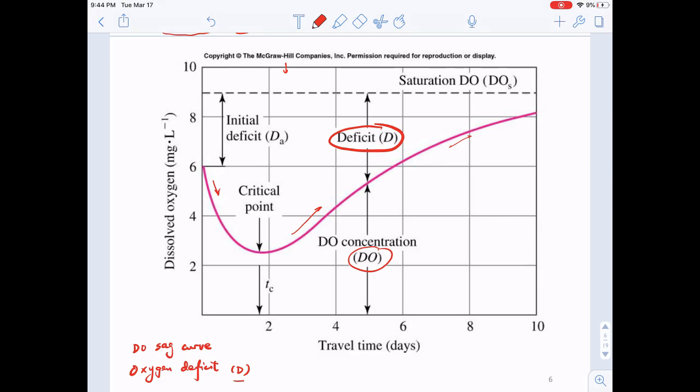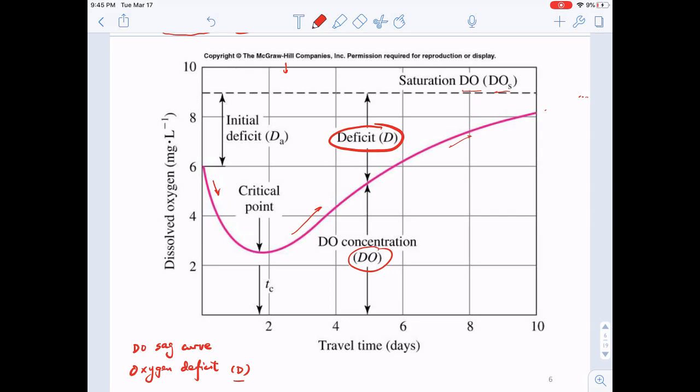Just based on its name, the deficit means how far it is from saturation, right? Let's say that at the end, many days away from the mixing point in the beginning, the dissolved oxygen concentration gets very close to the saturation dissolved oxygen, or DOS.